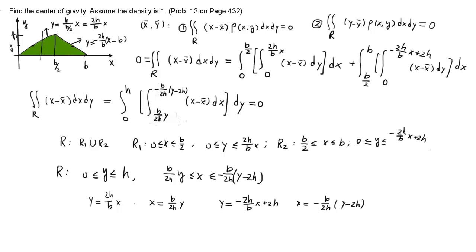And we plug in these values for x, and we have quite a lot to calculate. But on the other hand, if we integrate with respect to y first, x minus x bar is simply a constant. And then we have this one multiplied by this value in between. So it seems that this calculation is a little bit simpler, even though we have to do both of them.